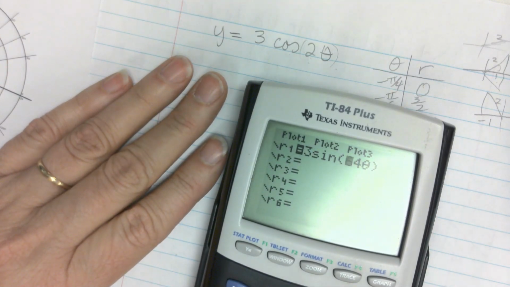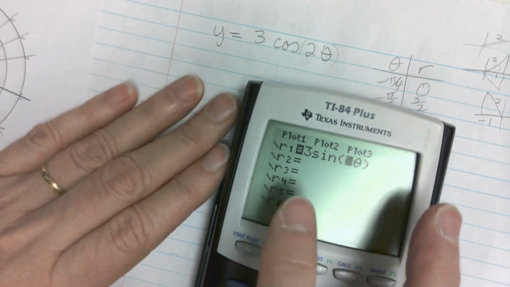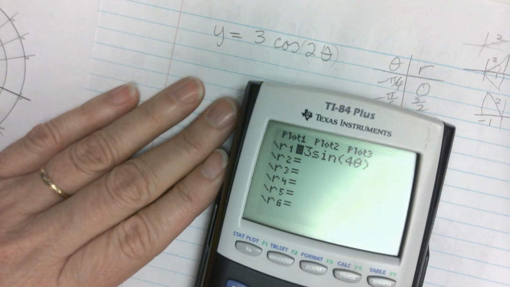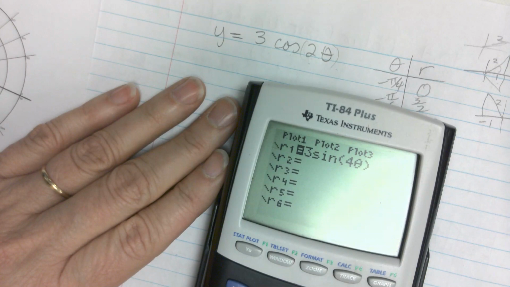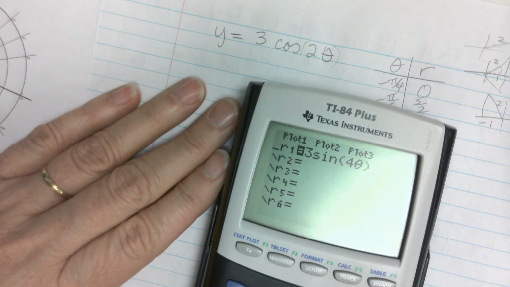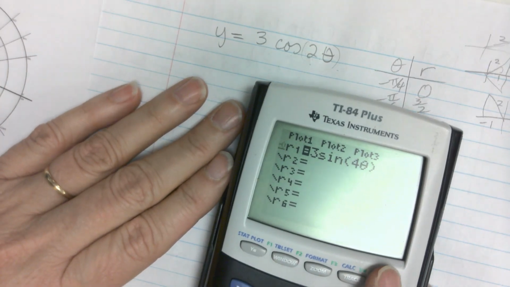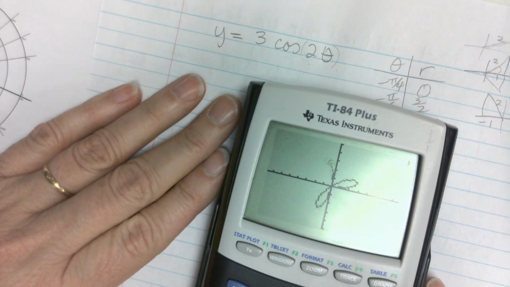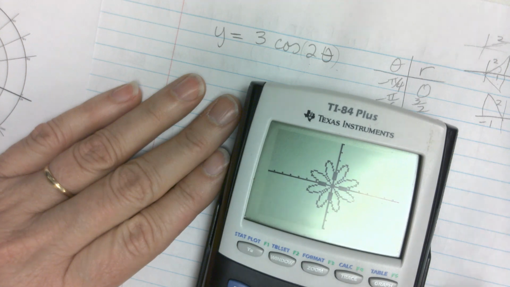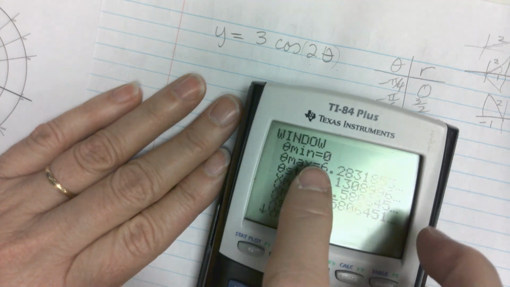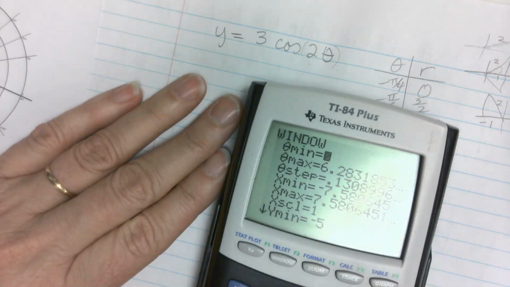Let's just delete that. I want to go and show you how it is. I'm going to do the dash so you can actually watch it create it. That is weird. And by the way, that window is set for theta to go between 0 and 2 pi.